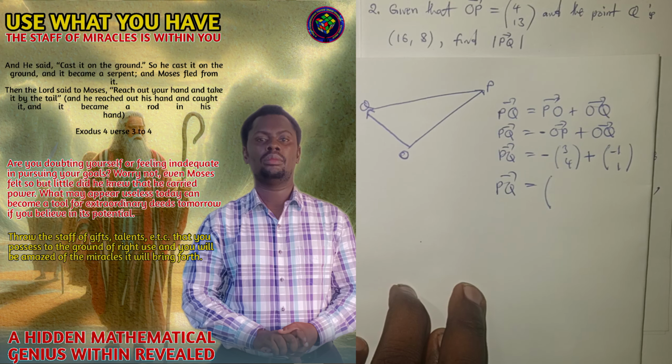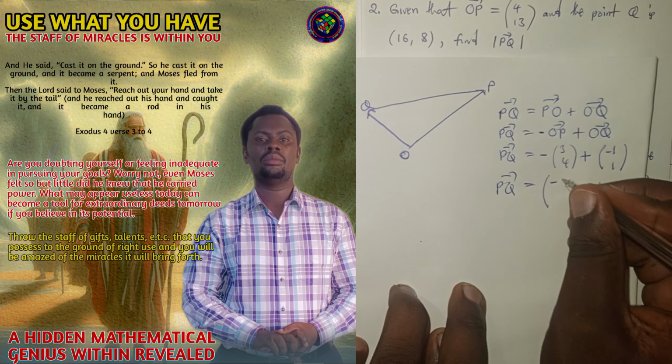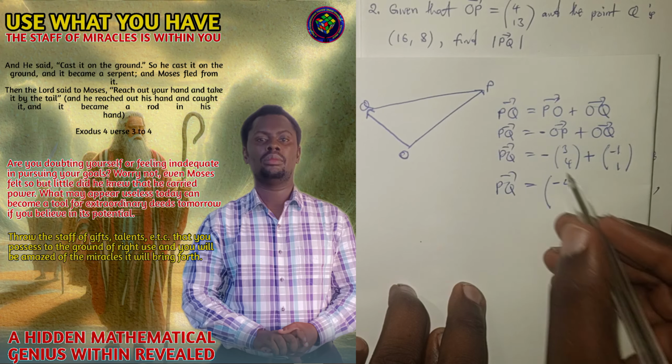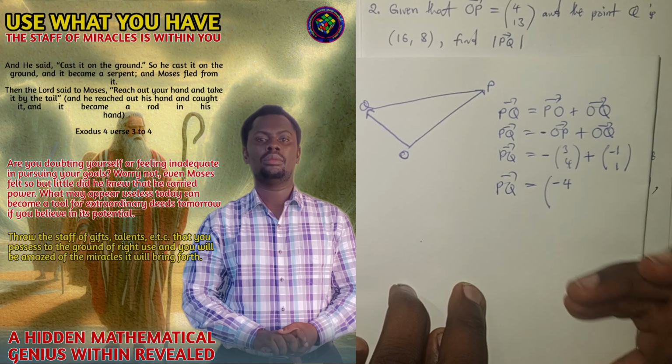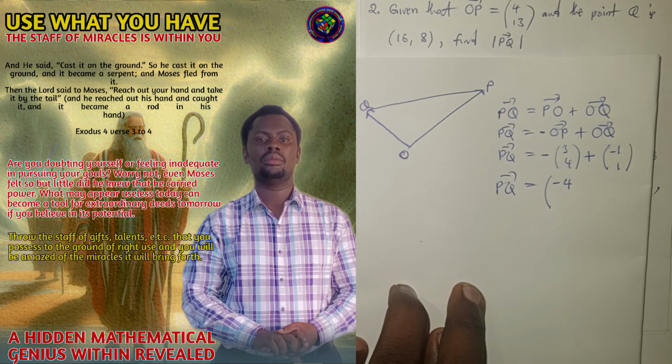So -3 minus 1 is -4. Then -4 plus 1: here we have different signs, and when we have different signs, we subtract and get the sign from the bigger number. So -4 plus 1, we get -3. So that is the vector PQ.